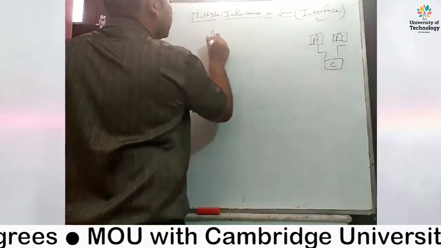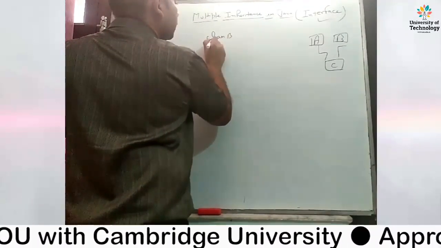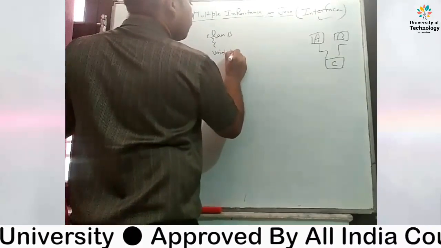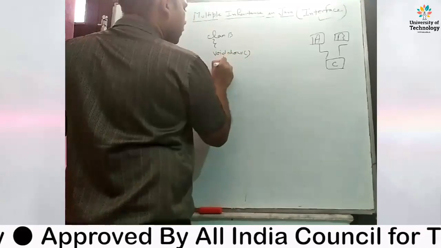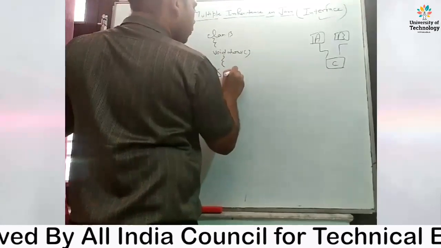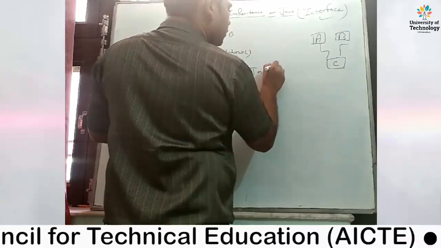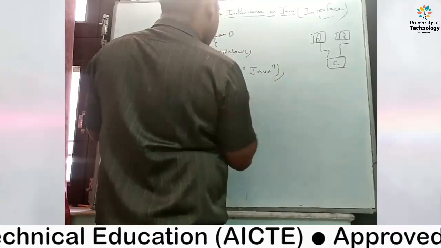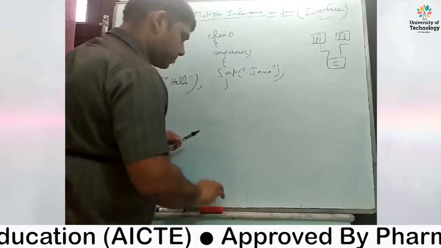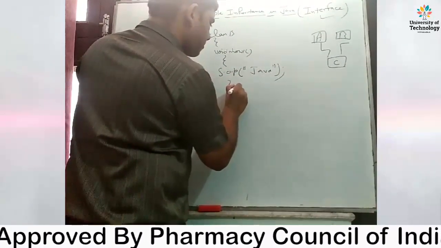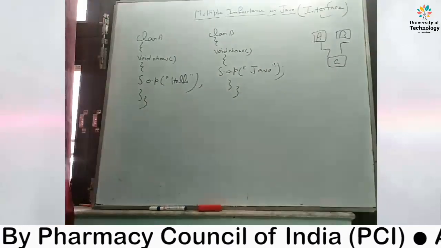Next, class B, void show1, System.out.print Java.